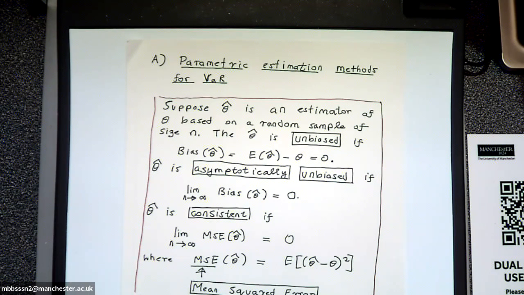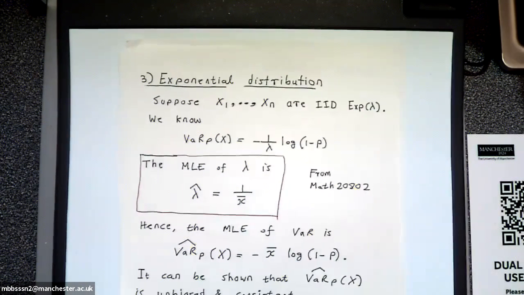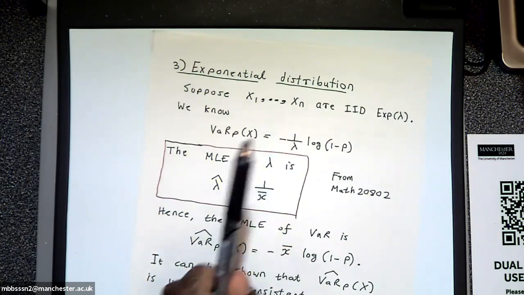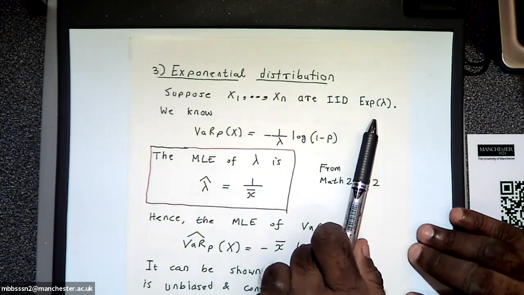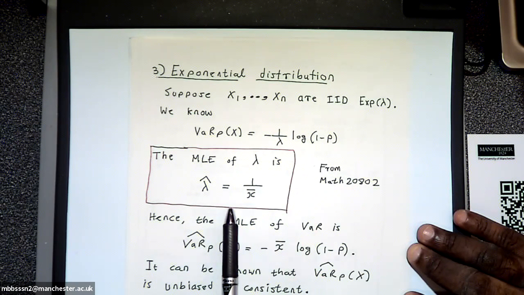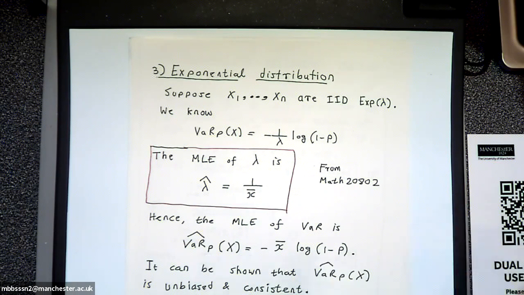Let's look at this one here. This is one of the parametric estimation methods I talked about today. Suppose these are the losses following the exponential distribution, then the VaR is given by this formula, and the MLE for lambda is this, and hence the estimator for VaR is this, right?